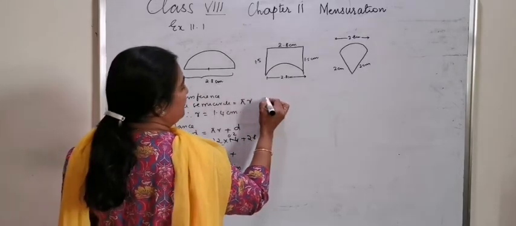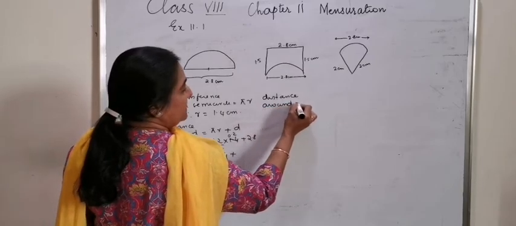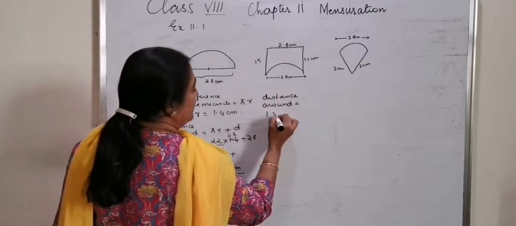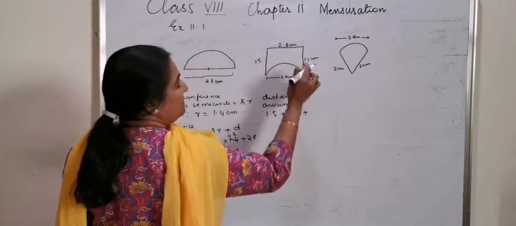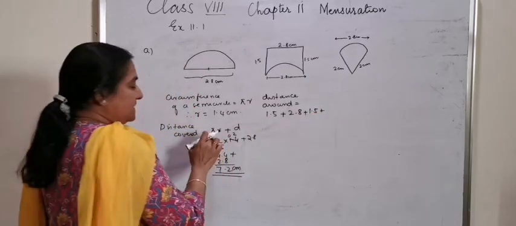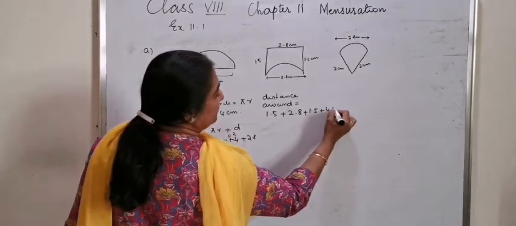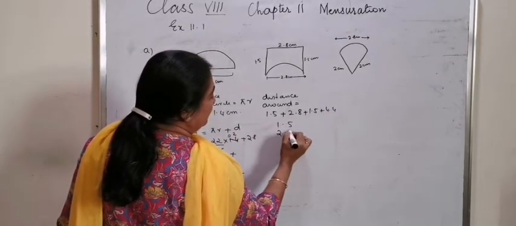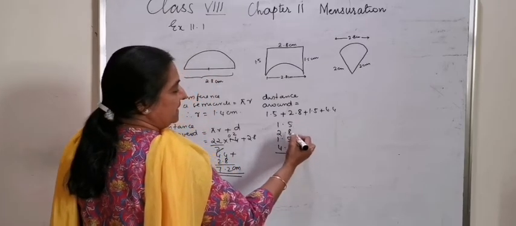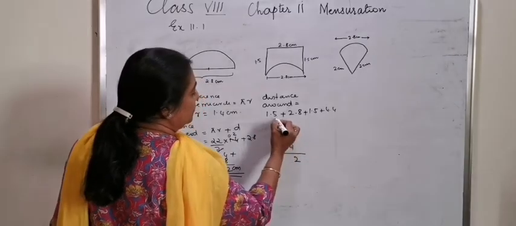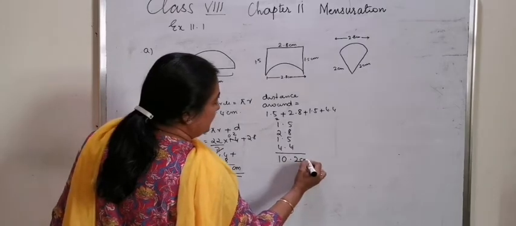So in this figure, the distance around is equal to 1.5 plus 2.8 centimeters plus 1.5 plus the distance of the semicircle pi r, which is 4.4. That is 1.5, 2.8, 1.5 and 4.4, which gives 10.2 centimeter.